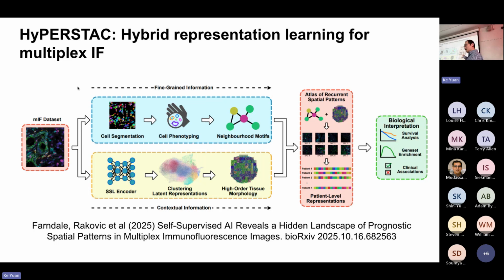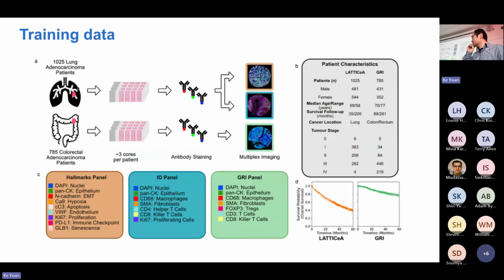And then, because we often have large patient numbers, we can really find out their correlations with clinical outcome. So this is the training data that we have, which comes from about 1,000 lung adenocarcinoma patients and about 800 colorectal cancer patients, and we get about 3 cores each.